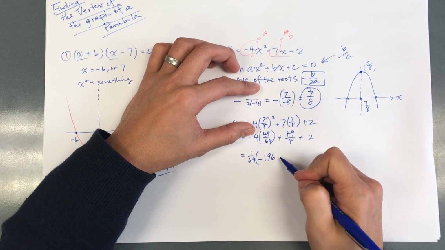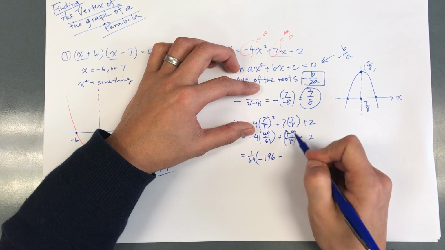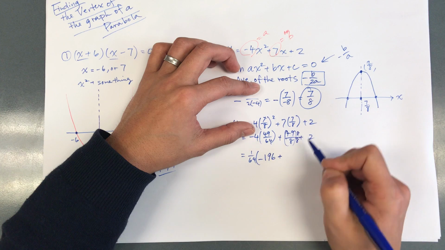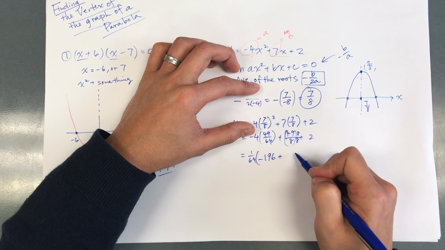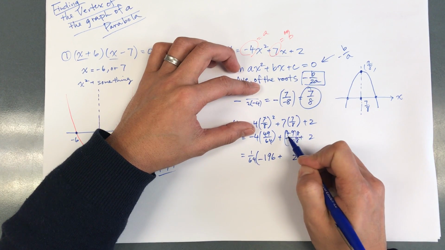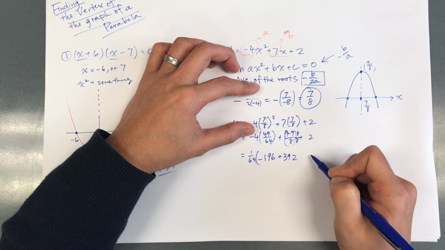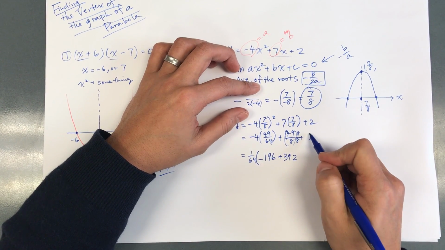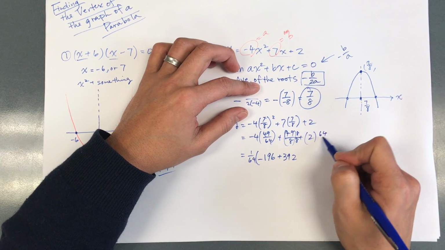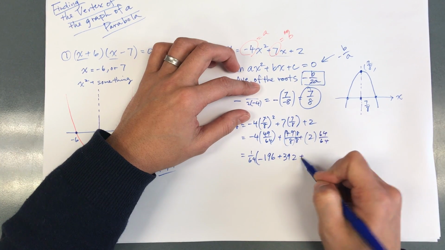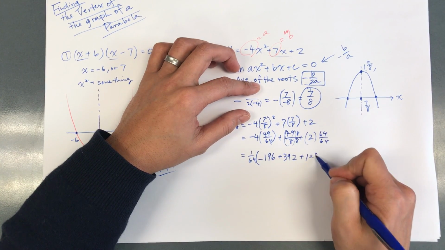Plus we have to multiply by 8 over 8, giving 392, and then multiply by 64 over 64, so that's going to be 128.